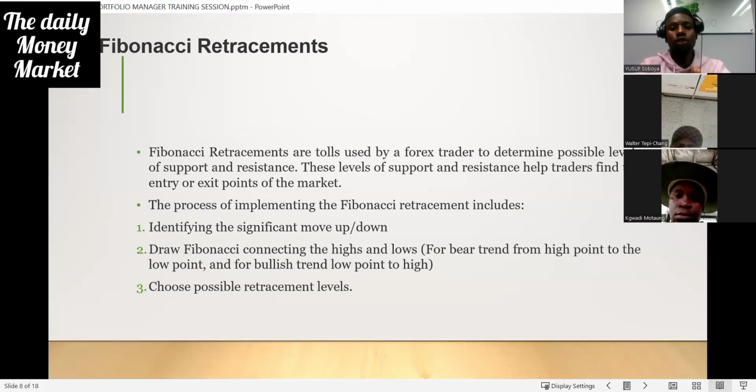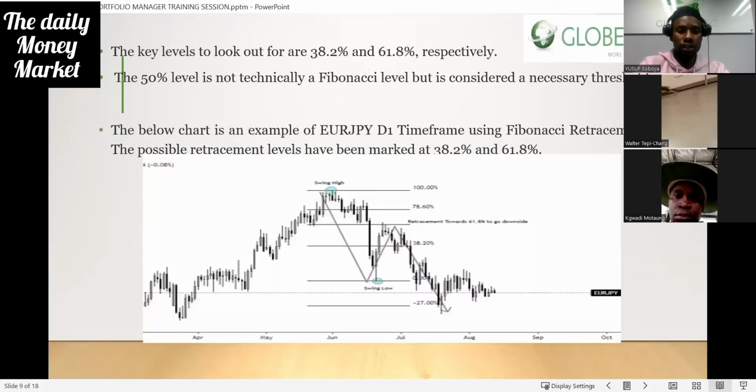Draw the Fibonacci connecting the highs and the lows; for a bear trend, from the higher point to the lower point. Then choose the possible retracement levels. Same thing with the trend: draw the line all the way to this level, right?